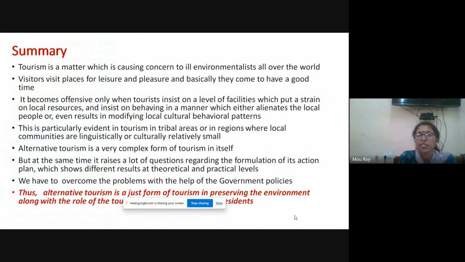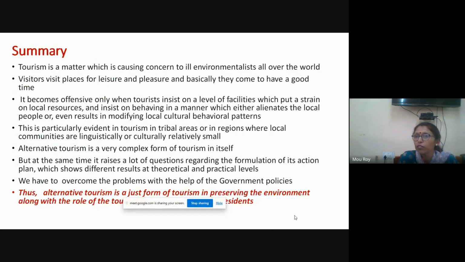I would like to summarize that tourism is a matter which is causing concern to environmentalists all over the world, who do not want the natural beauty of the country destroyed. That is a concern.